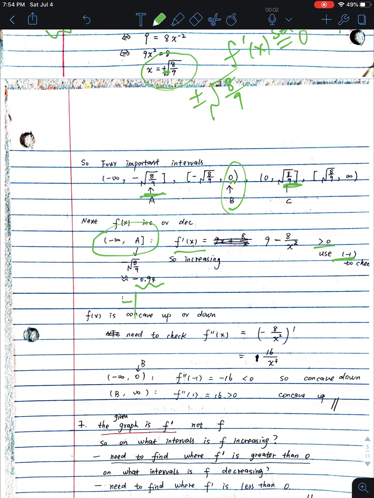We check f'(-1), which is greater than 0, so it's increasing. For the other intervals, you can use any value to check if the first derivative inside that interval is greater than 0 or smaller than 0.